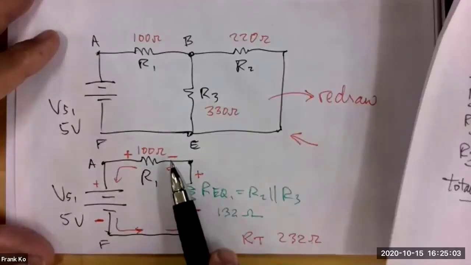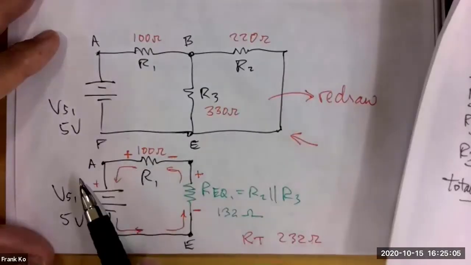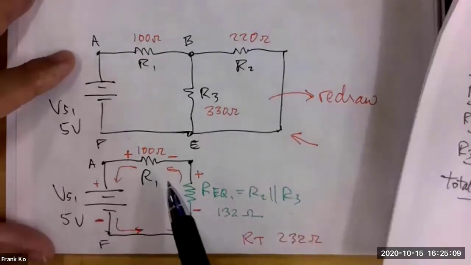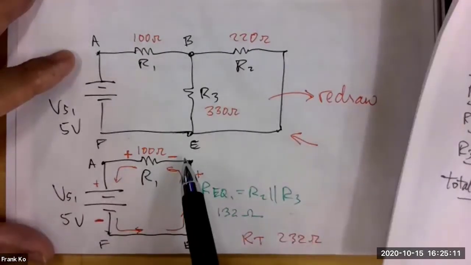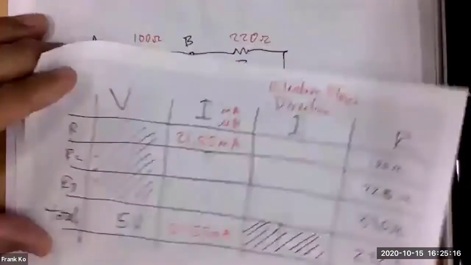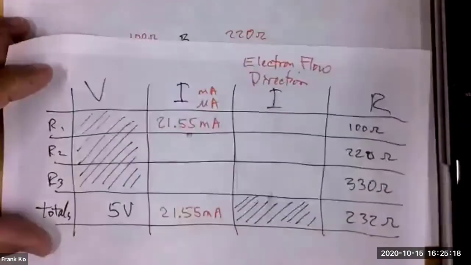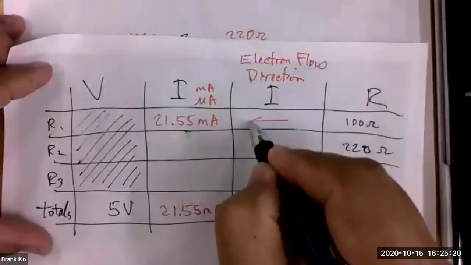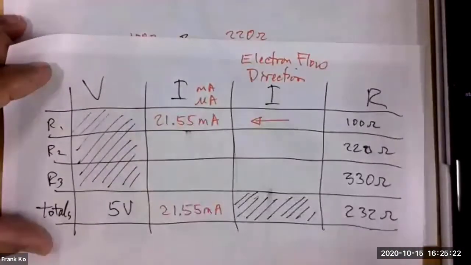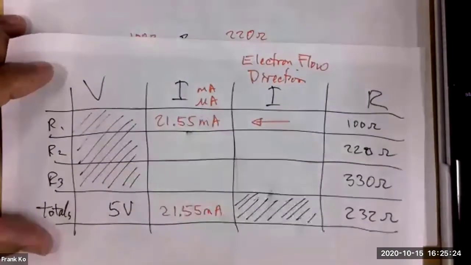It goes in the right-hand side, through it, out the left-hand side, from the negative to the positive. Is everybody in agreement that the current through R1 is to the left? And that's what I'm going to do. I'm going to put in an arrow that shows to the left, big arrow. That part's done.